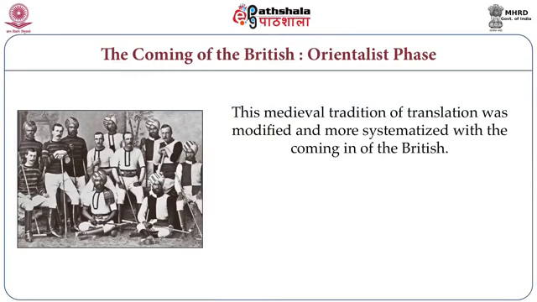If we would like to trace back the history of Indian translation in English, we have to see the colonial perspective or the history of coming of British and Orientalist phase. This medieval translation was modified and more systematized with the coming of the British.